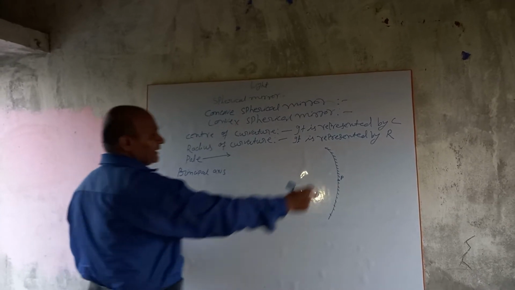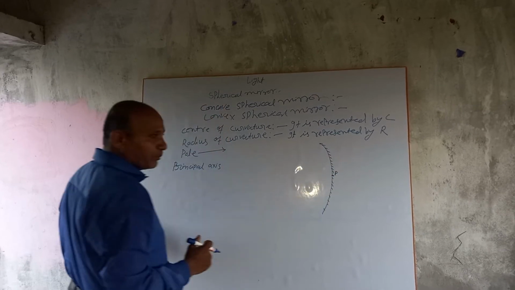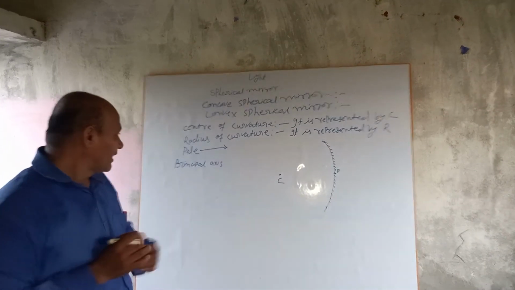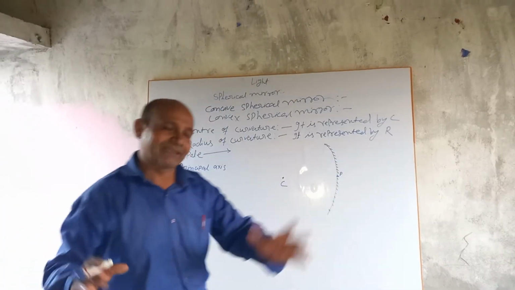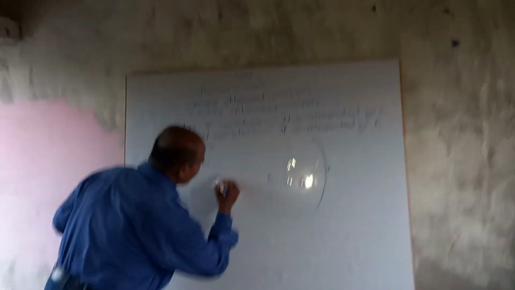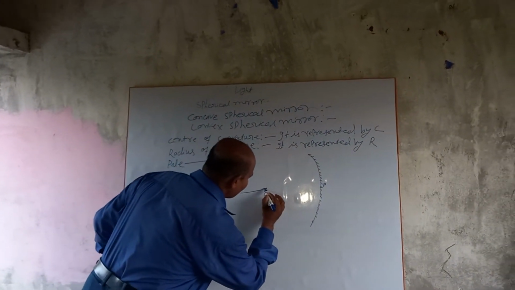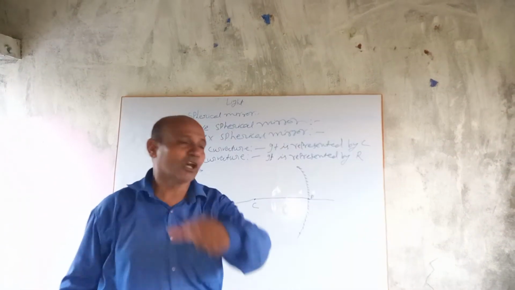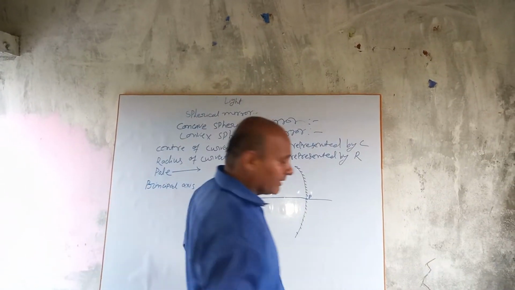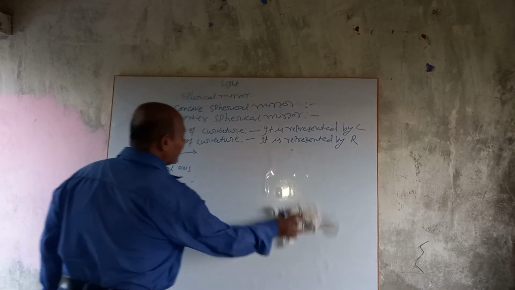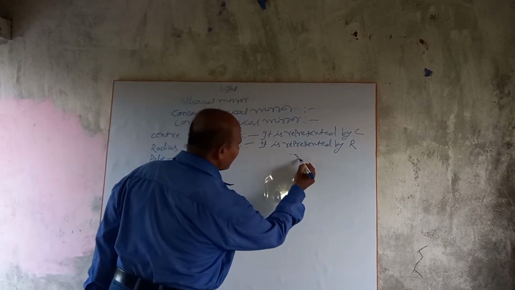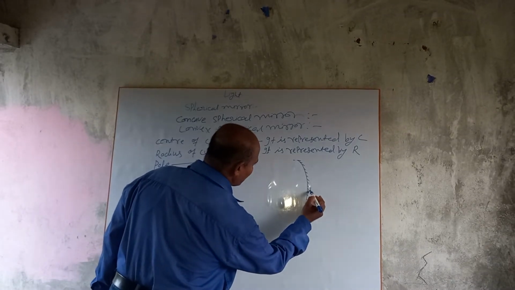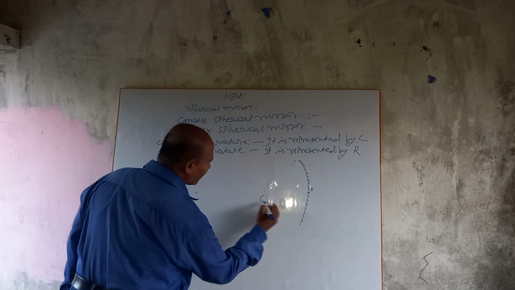Suppose that this is my spherical mirror, P is its pole and point C is its center of curvature.